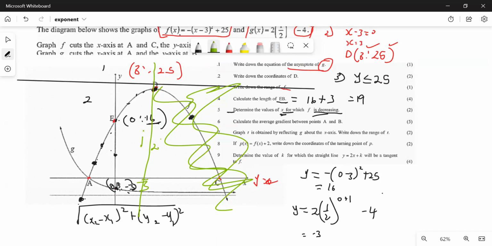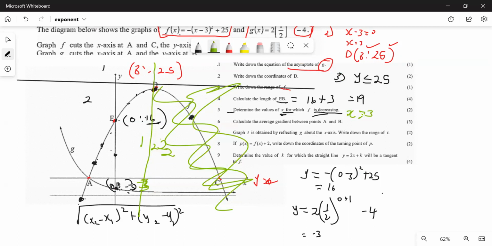The x values where it is decreasing, are they bigger than 3 or less than 3? Bigger. So I'm going to tell them the graph is decreasing when x is greater than 3.